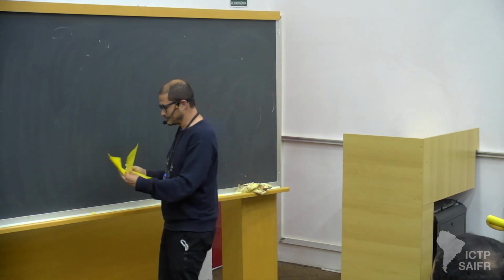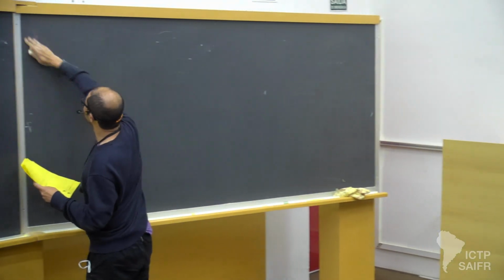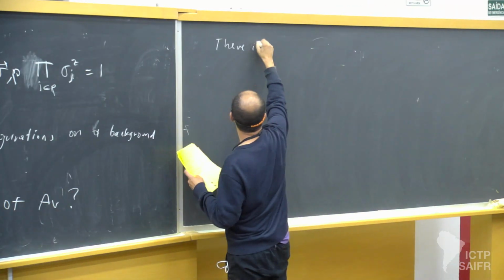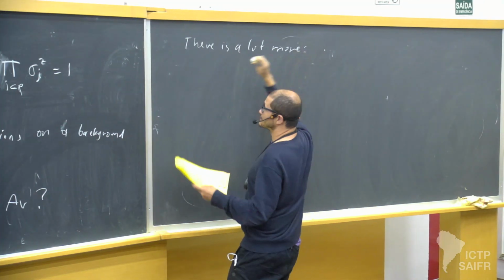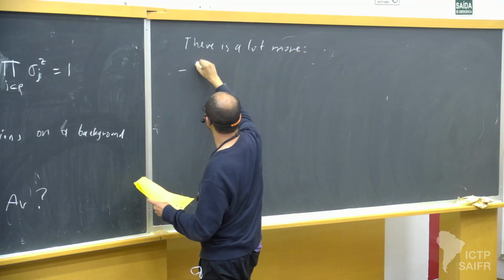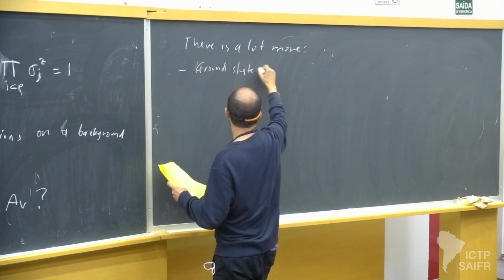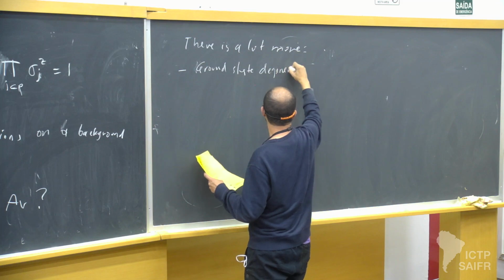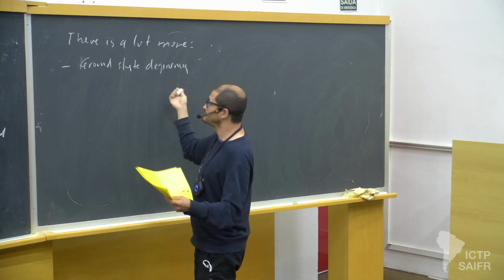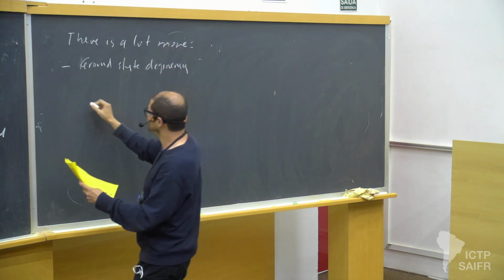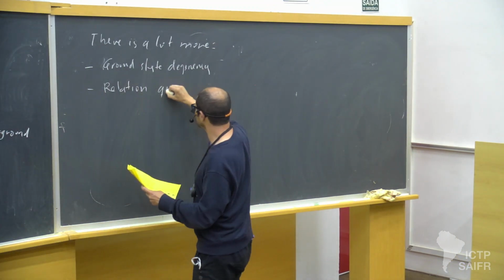There's a lot more about this Hamiltonian, for instance, ground state degeneracy, which depends on the geometry of the system, or the topology of the lattice that you're using. There's a close relation to quantum error correction.